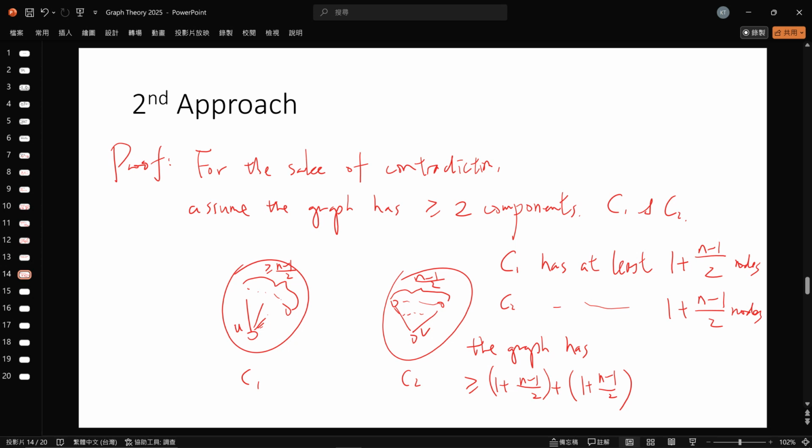So what is this number? This number is n plus 1, okay? So that's the contradiction, because we know that the whole graph has exactly n vertices. But now you said that the graph has at least n plus 1 vertices. So that's a contradiction, okay? So that's the proof, okay?